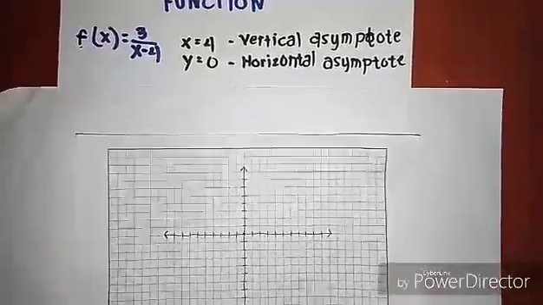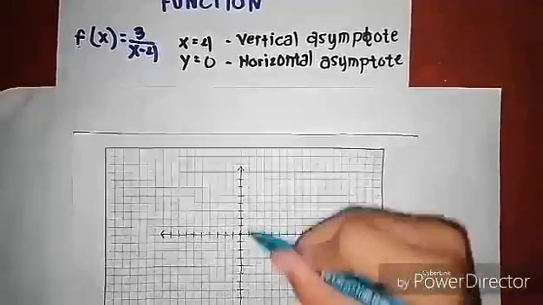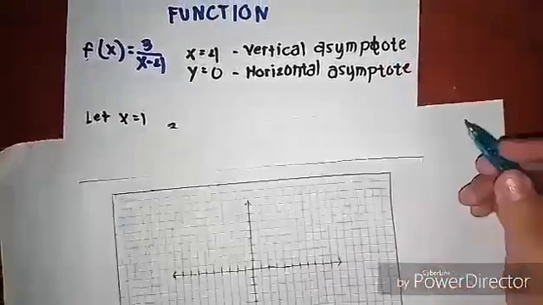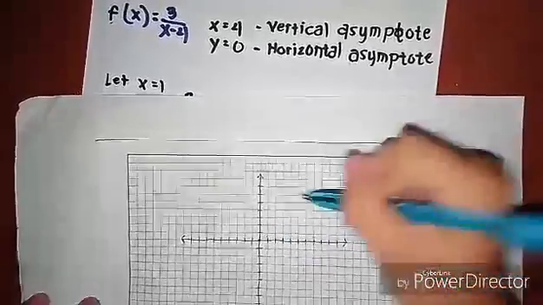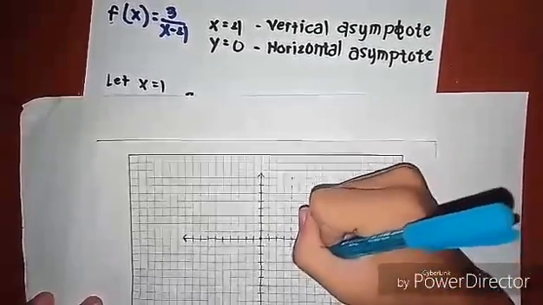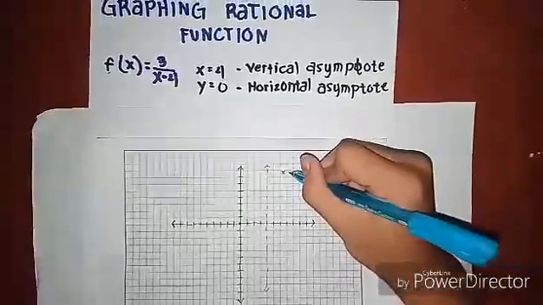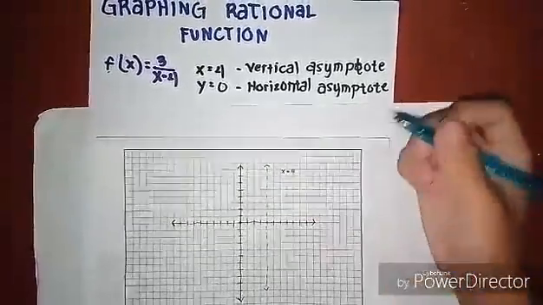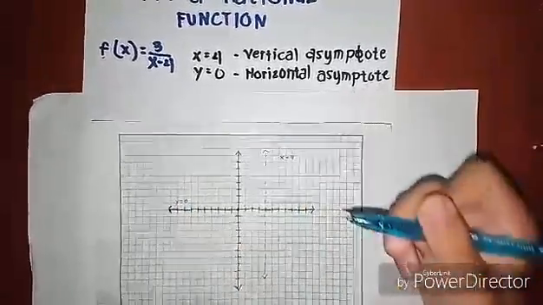First, we will plot the vertical and horizontal asymptotes. x equals 4. And our horizontal asymptote is y equals 0.